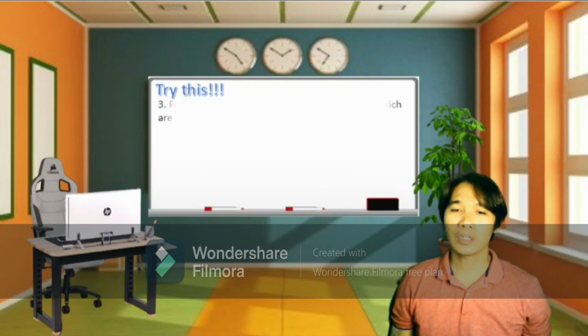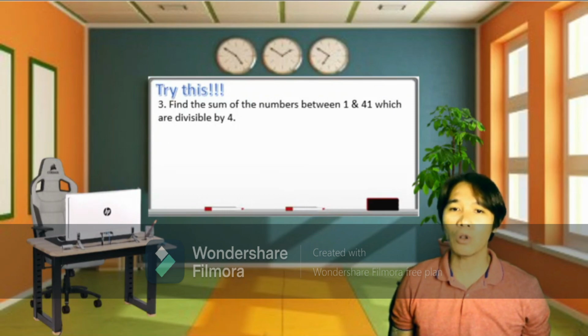Okay, next. Find the sum of the numbers between 1 and 41 which are divisible by 4. First, we are going to identify the numbers divisible by 4 between 1 and 41. Here they are: 4, 8, 12, 16, 20, 24, 28, 32, 36, and 40.